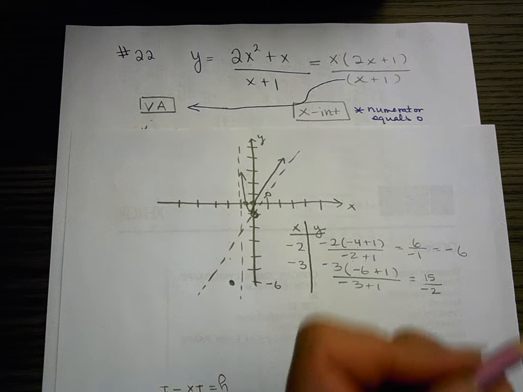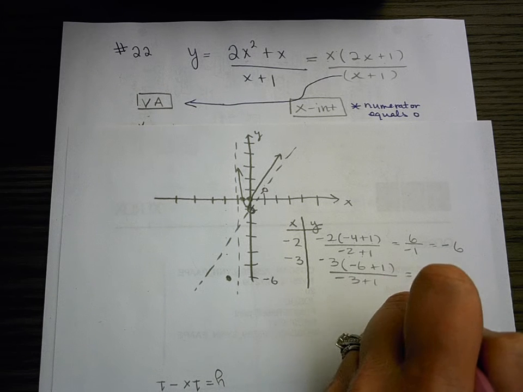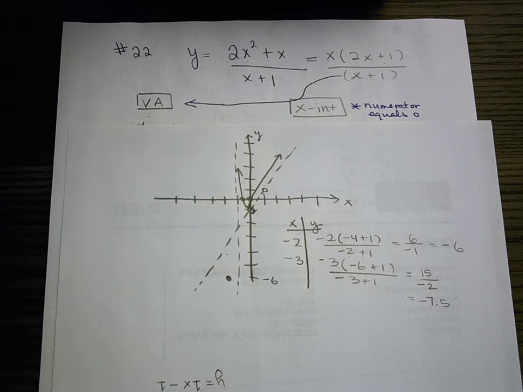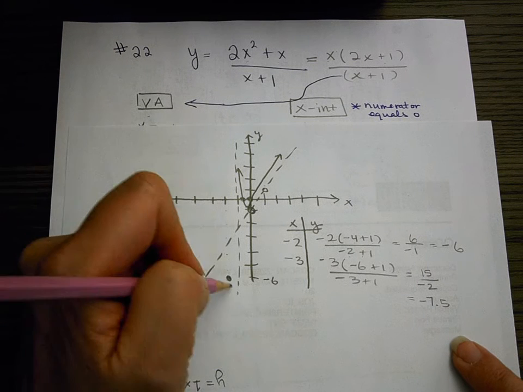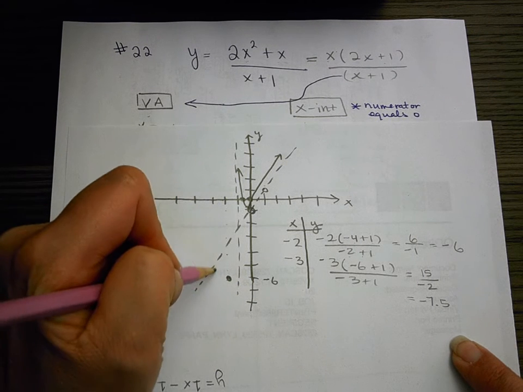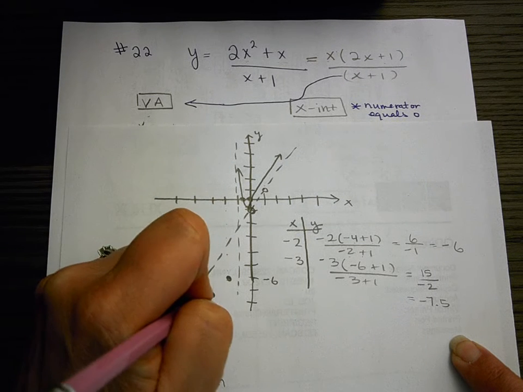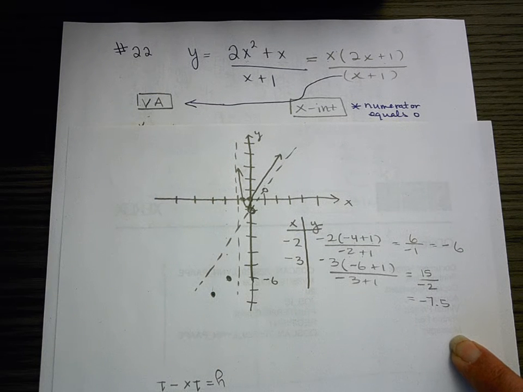And so I would just divide that. 2 goes into 15 7 times with 1 left over, so 7.5. So negative 3 and negative 7, so somewhere around there. Graph paper would probably be better, but close enough.